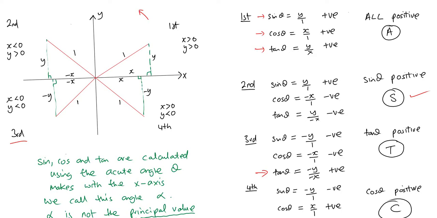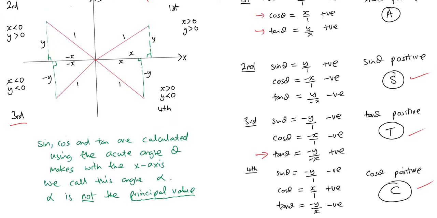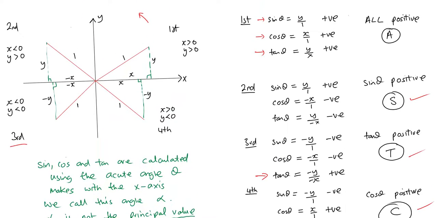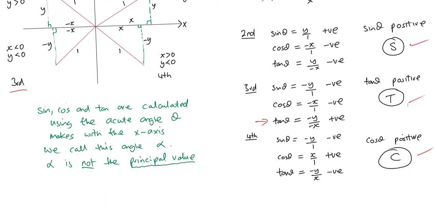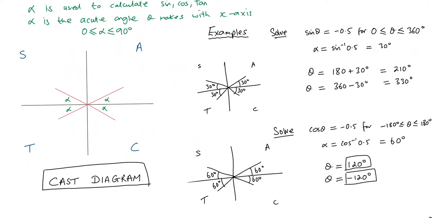And in the fourth quadrant, the only one that's positive is cosine, because that's x over 1. That is where we get the letters CAST from, because it is where sine, cos and tan are positive. They're all positive in the first quadrant, but sine in the second, tan in the third, and cosine in the fourth. And this is where we get our CAST diagram.